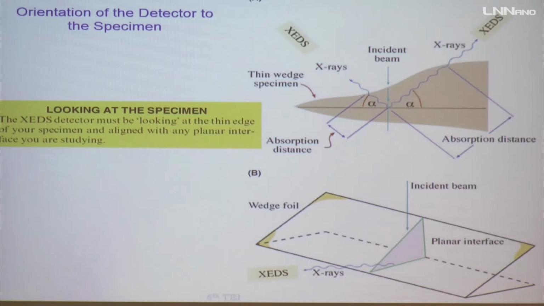This kind of geometrical positioning is important when you are dealing with EDX measurements. Okay, the same here. This starts to be a very complicated situation when you have an interface, and depending on the geometry of your sample relative to the detector, you may or may not detect some signals. Okay.